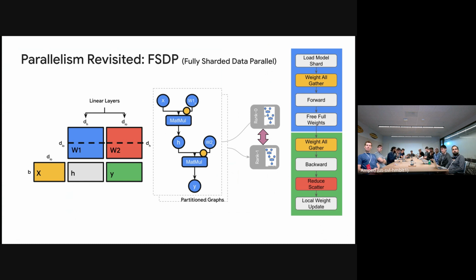And optionally, you do that wait all gather in the backward pass because you can choose to keep the weights for the backward pass as well. And then do the reduce scatter. So the sort of averaging of the gradient is happening only for the shard that a specific replica holds.